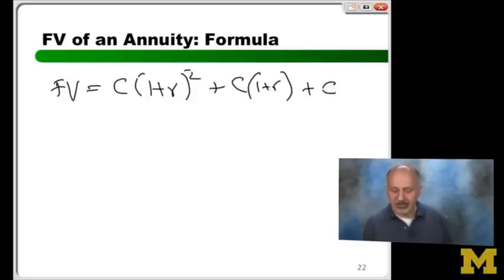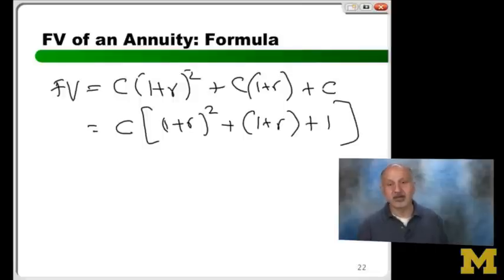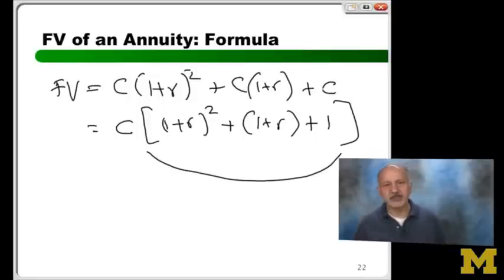The one cool thing about an annuity is that I can take C out in common, right? And I can do (1 plus R) squared, plus (1 plus R), plus 1, right? So let me ask you, what would this be? Remember last time we spoke about how if I got a factor, I can just multiply anything by it and I'll get what I want.